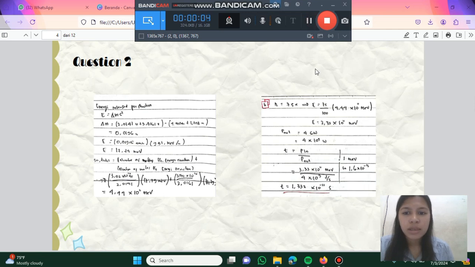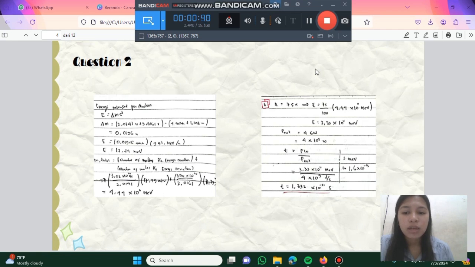The next is B problem, and with the efficiency it's equal to 75 percent, so E is equal to 75 per 100 times 4 times 44 times 10 to the power of 11 MeV. So E is equal to 3 times 33 times 10 to the power of 11 MeV.